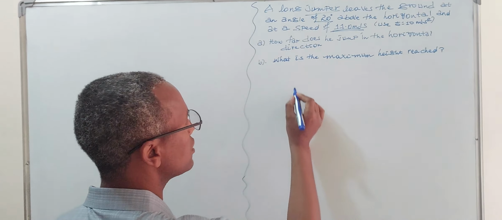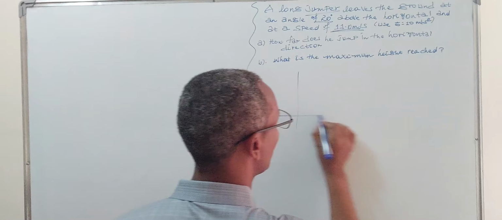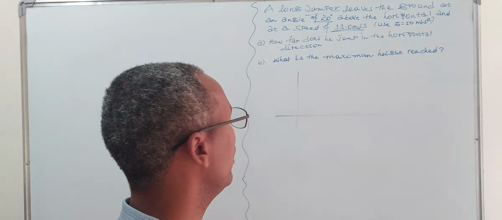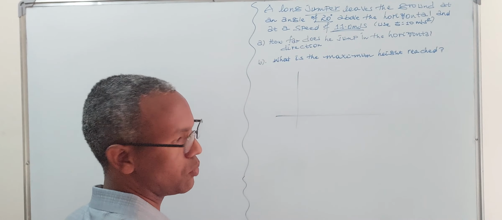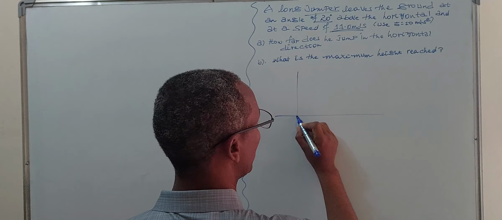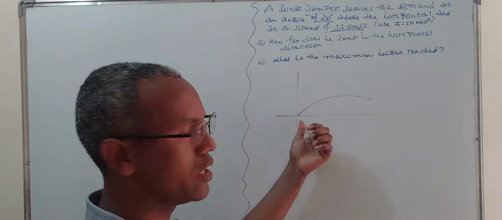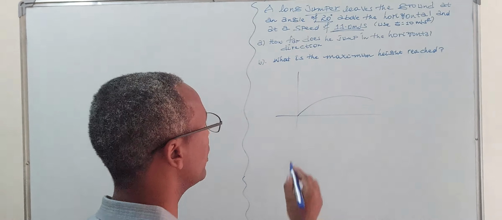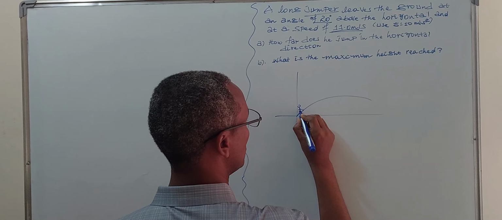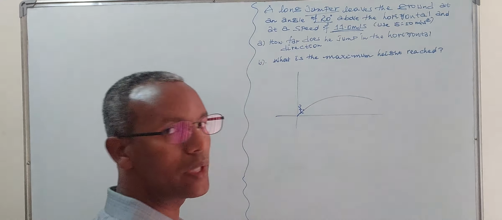Let's say this is a projectile on an XY graph, a Cartesian coordinate system. The jumper jumps from this origin with a launch angle.